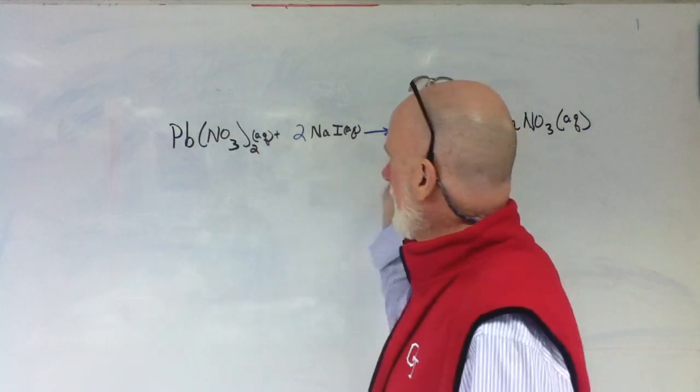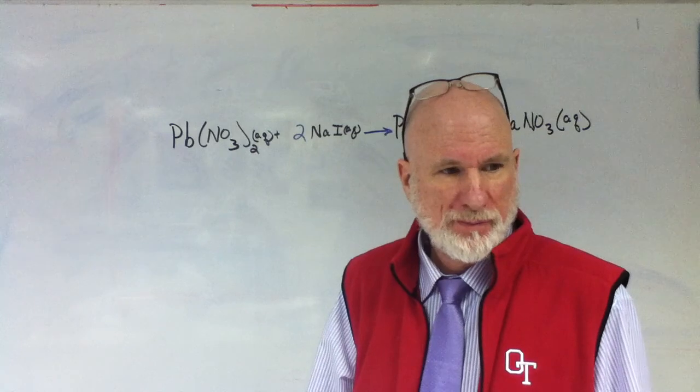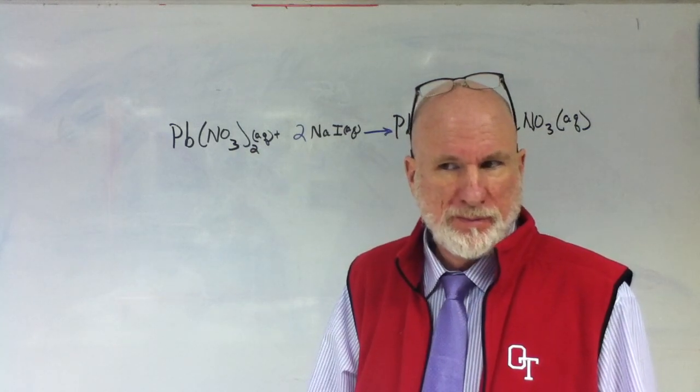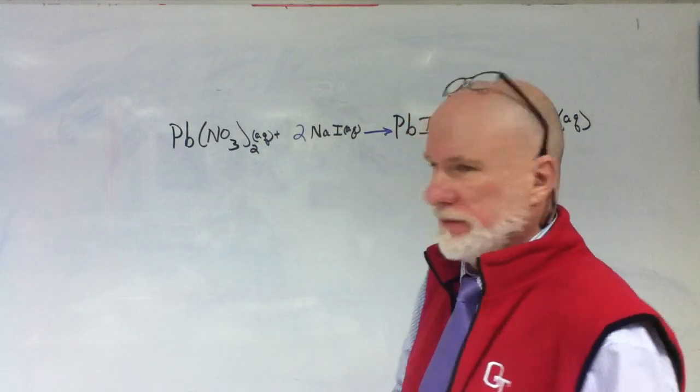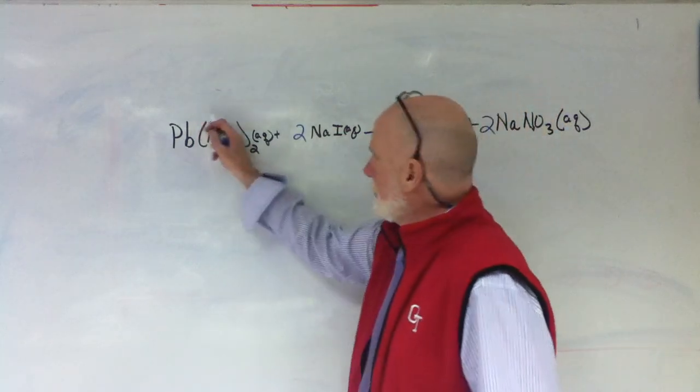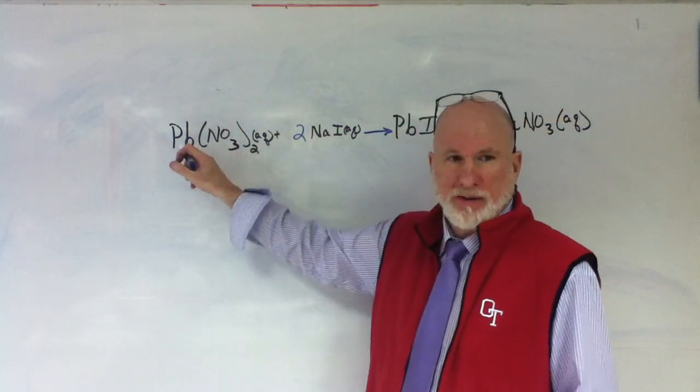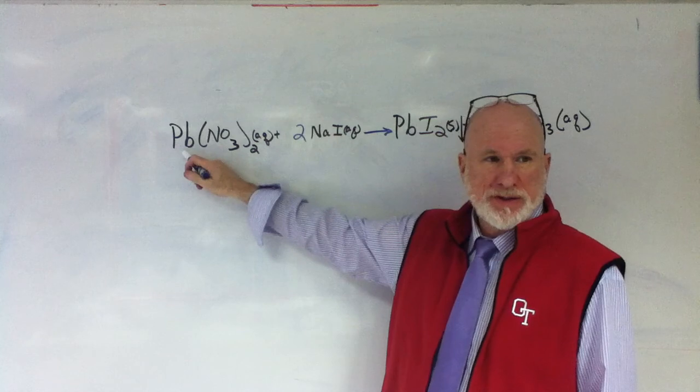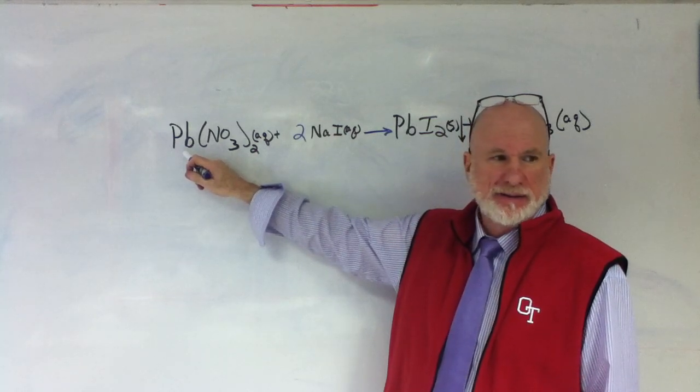What are the masses up top? I want you to do the mass here. What's 1 mole of lead nitrate? So what's the mass? What's the atomic weight of lead?